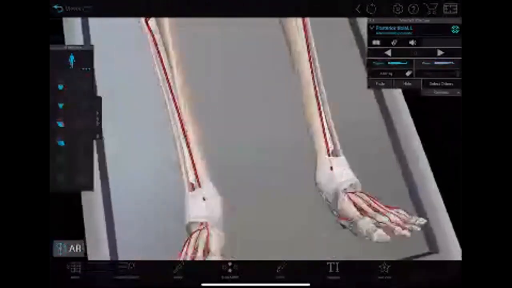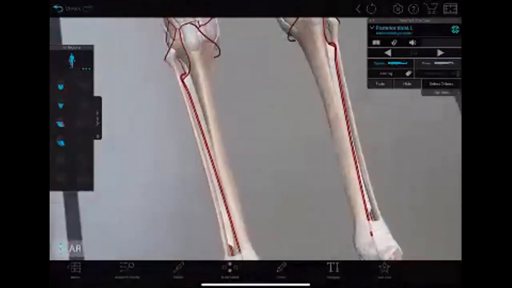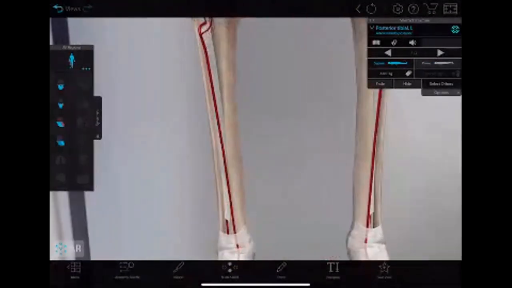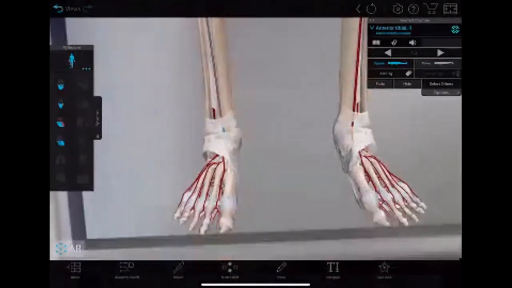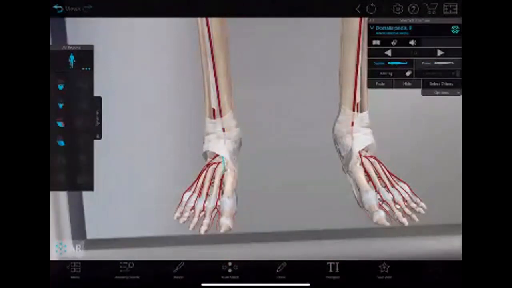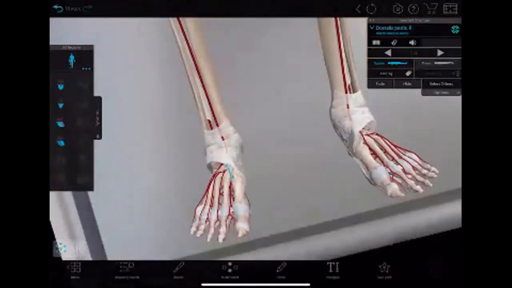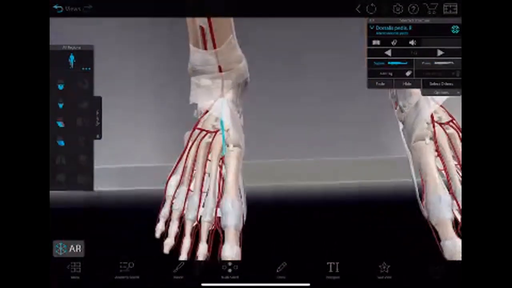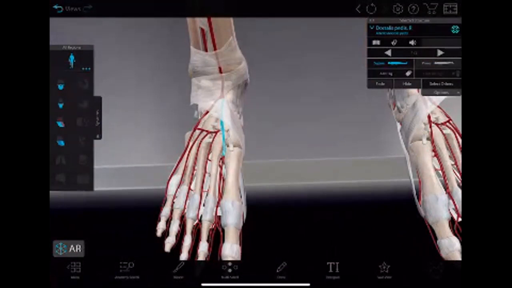And this is the anterior tibial artery giving the dorsalis pedis artery, forming plantar metatarsal and dorsal metatarsal arteries.